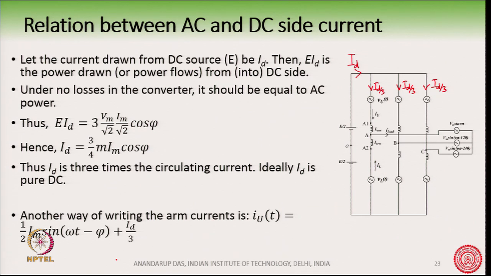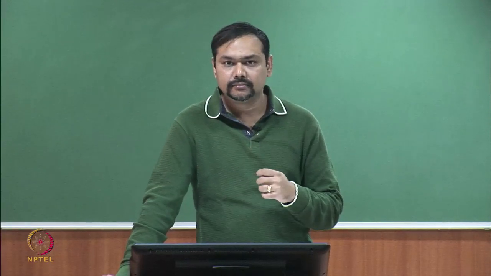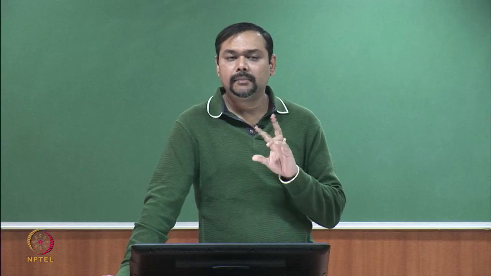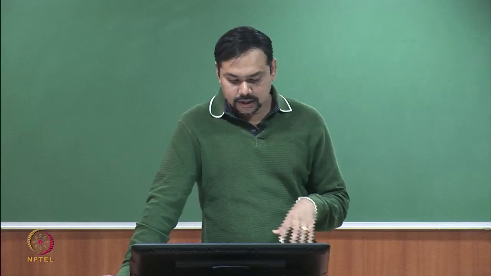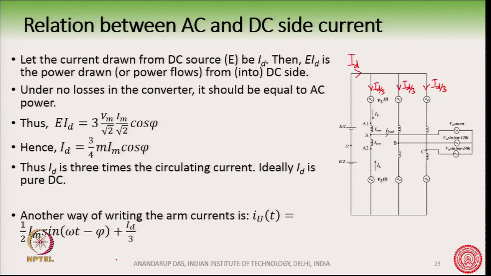Okay. Now, this ID by 3 can also be obtained in a different fashion, by seeing the power balance. Let us see the power balance from the DC side and the AC side of the converter. Let the current drawn from the DC source be ID, which I have mentioned here.